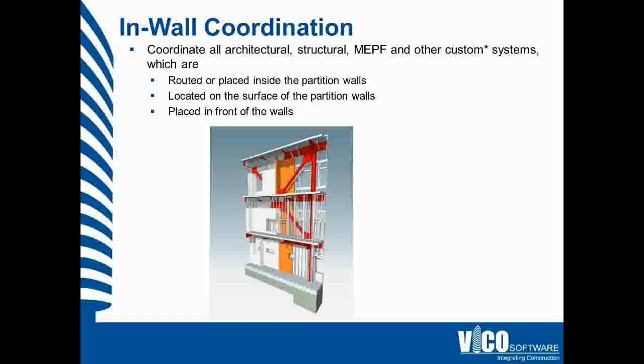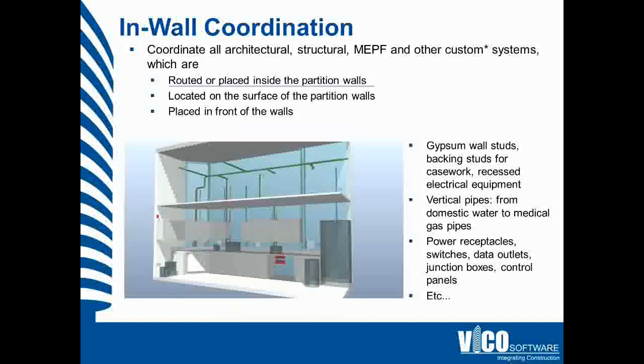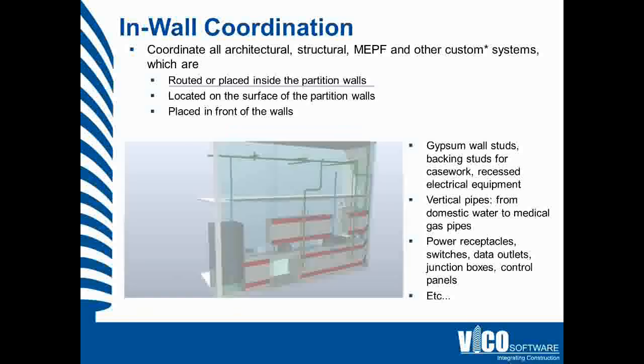So you have to coordinate everything which is going to be routed or placed inside the partition walls. It can be the studs themselves, but it can be, for example, for the heavy casework, backings and medical pipes and other piping systems in the wall, as well as electrical and telecommunication systems and different types of electrical panels and things like that. So you have to locate and route all these elements in the wall.